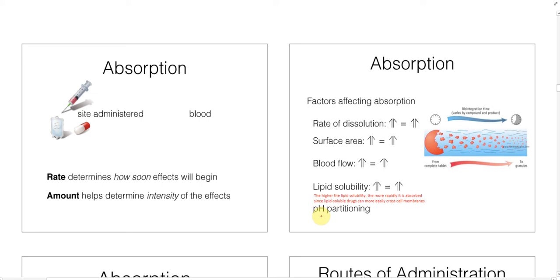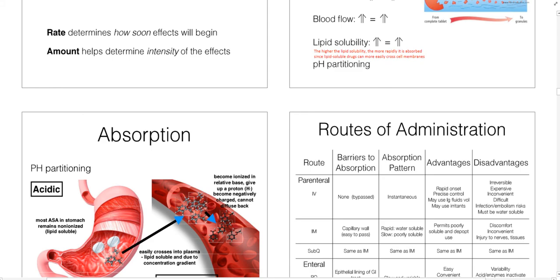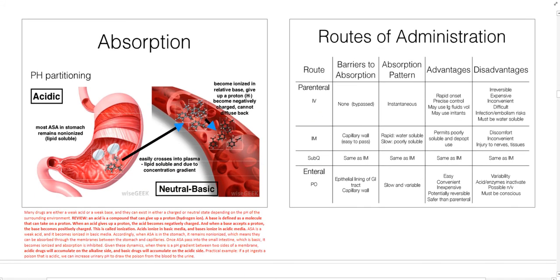And then pH partitioning is also important in regards to absorption, and that's where we had to come down here. Ignore the wall of red, this will make a lot more sense. So as a base review, an acid is a compound that can give up a proton, like a hydrogen ion.